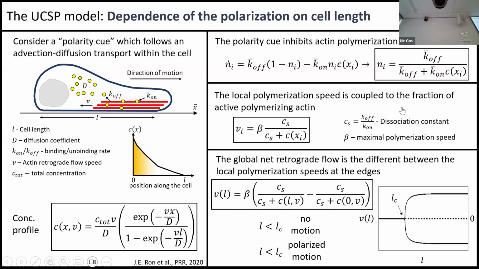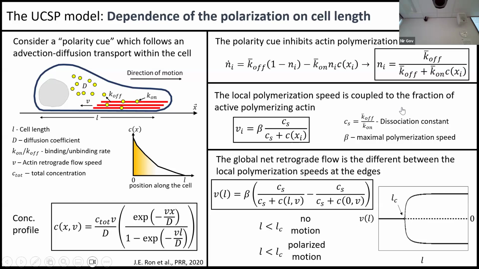And now you see that you have an implicit equation that you have to solve self-consistently for this resulting flow, because the net flow will be the difference between these two local flows, but each one of them depends on the local concentration at one end and on the other end, but the concentration itself depends on the flow through these exponentials. Now, because of these exponentials, there is no analytic solution for this equation unless you expand it in Taylor series for very small v in order to find the behavior near the transition.